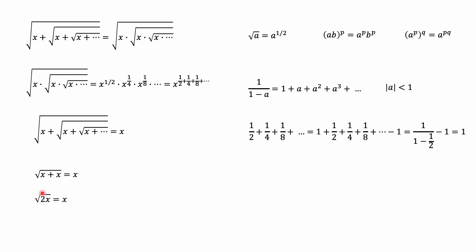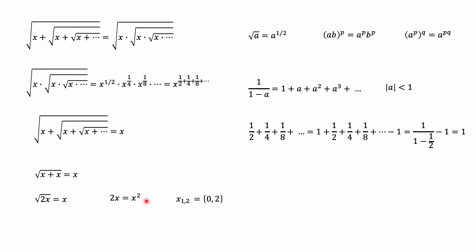The standard procedure in this case is to square this equation. We get a quadratic equation, which we can easily solve. It's actually easy to see the solutions, or you can use the formula for a quadratic equation. It's up to you, but the solutions are 0 and 2. Now, here we have to be a little bit careful, because normally when you square some equations, you could get some extraneous solutions.